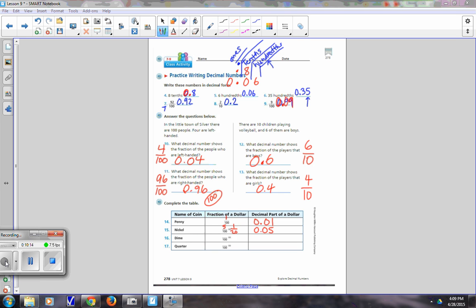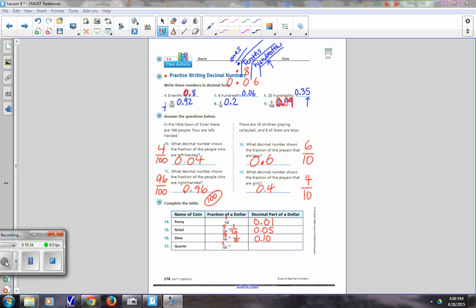A dime is 10 over 100. If I want that in simplest form, I'm going to divide the top and the bottom by 10. So 10 divided by 10 is 1. 100 divided by 10 is 10. So a dime is 1/10 of a dollar.